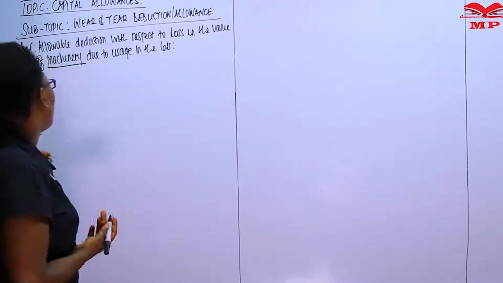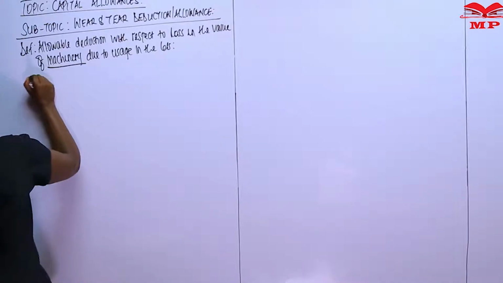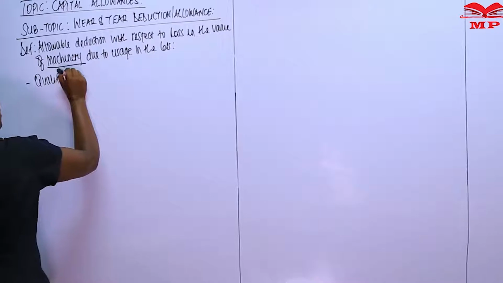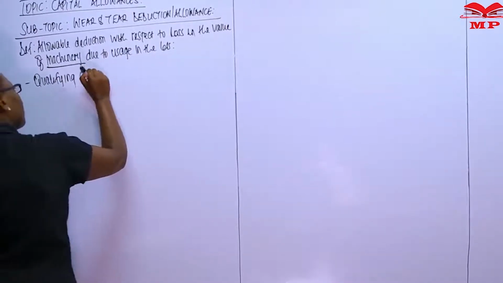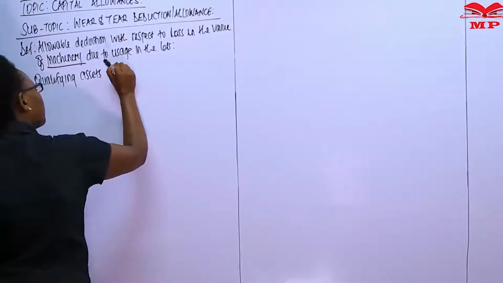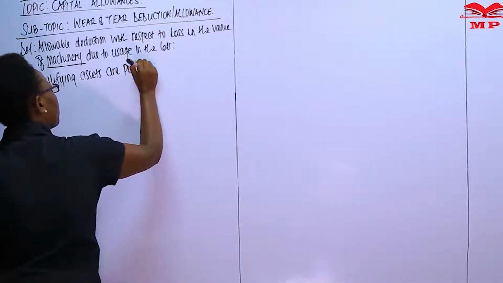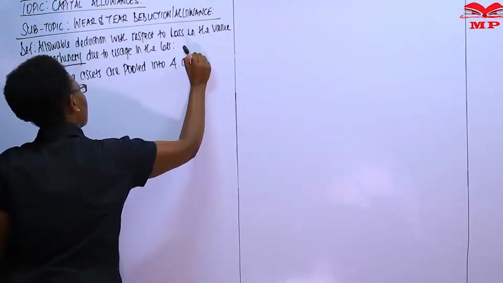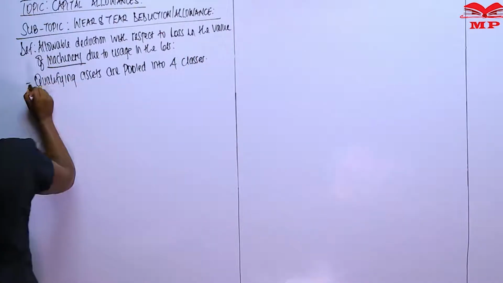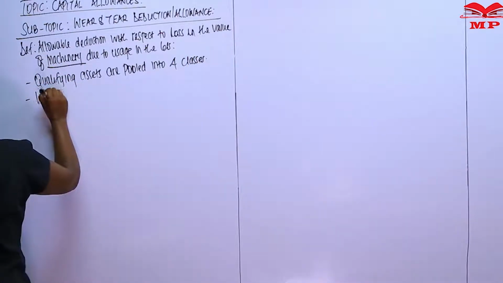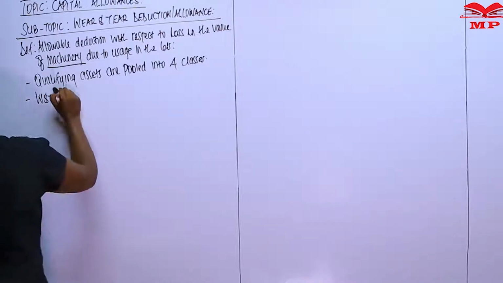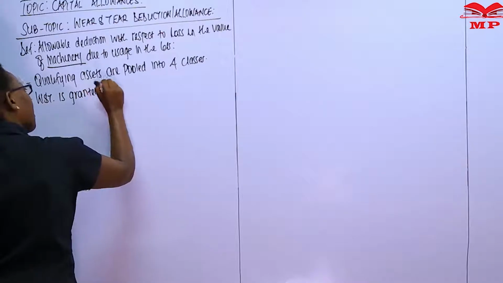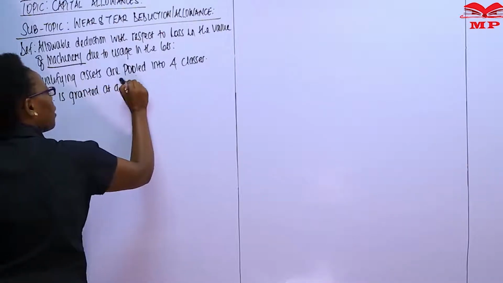So we are going to pool assets or qualifying assets into 4 classes. Then wear and tear, we abbreviate wear and tear as W&T, is granted at a specified percentage.